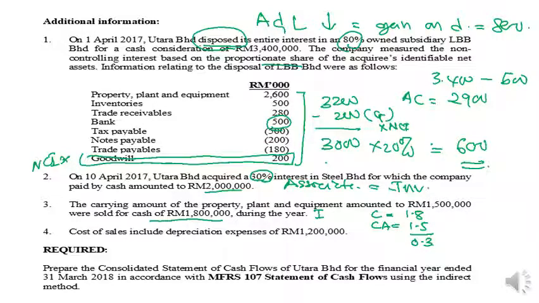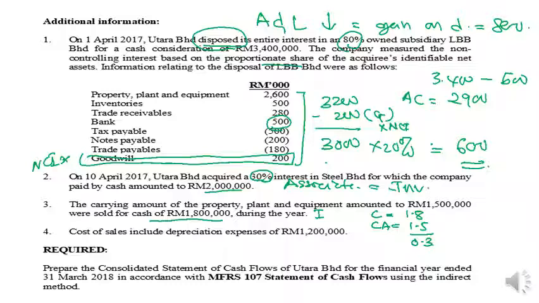Okay, for additional information here, on 1st of April, Uttara disposed. So now we dispose. Once you dispose here, assets and liabilities will reduce, and then you're going to have a gain on disposal. The gain on disposal is already given, which is 800 in your statements of profit or loss.